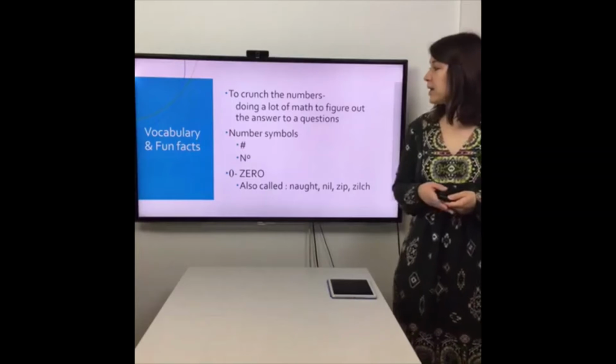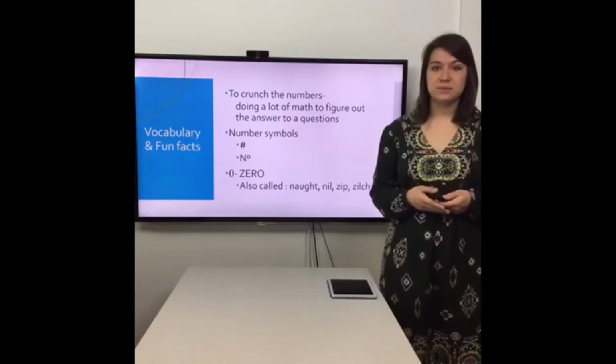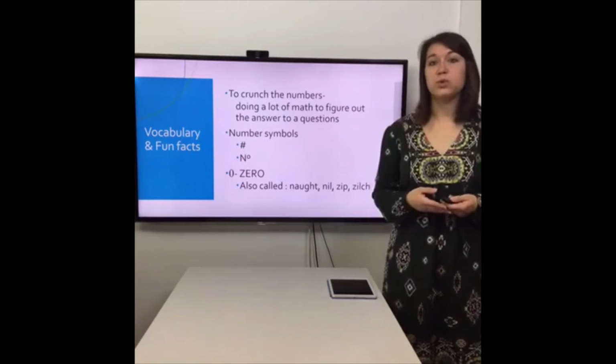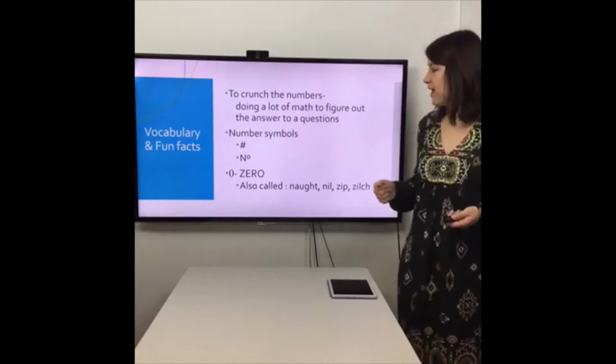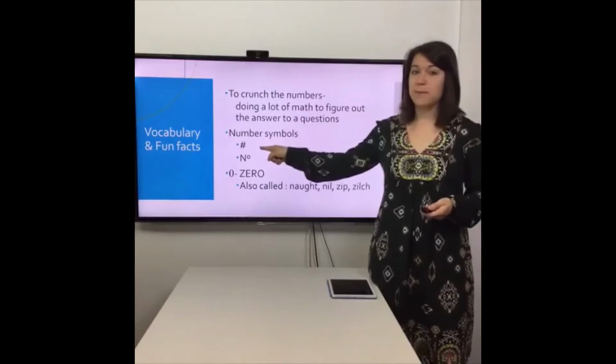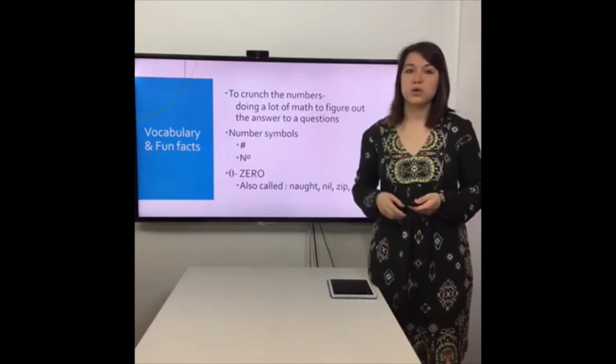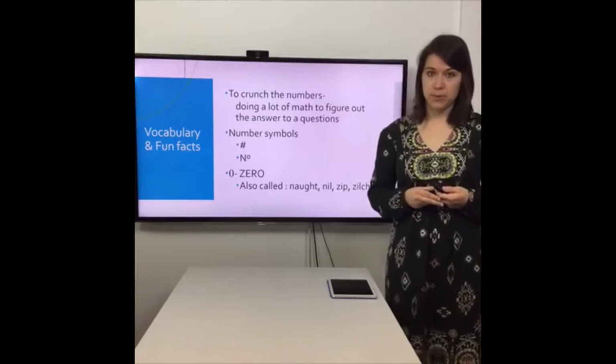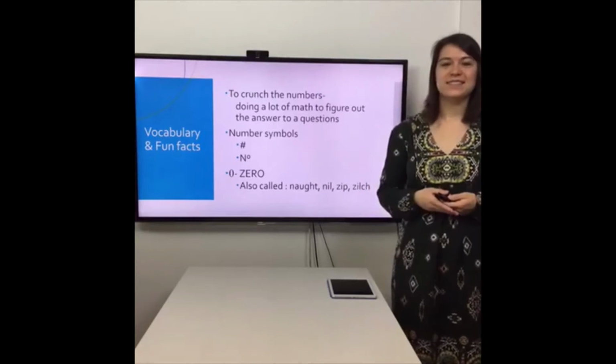So for example, if you want to buy a new car, you may need to crunch the numbers to see if you can afford it, if you have enough money to buy the car. All right, talking about numbers, let's look at some different symbols that we use to represent numbers. Okay, this symbol is called the pound sign, but it's also used to represent a number and nowadays a hashtag.